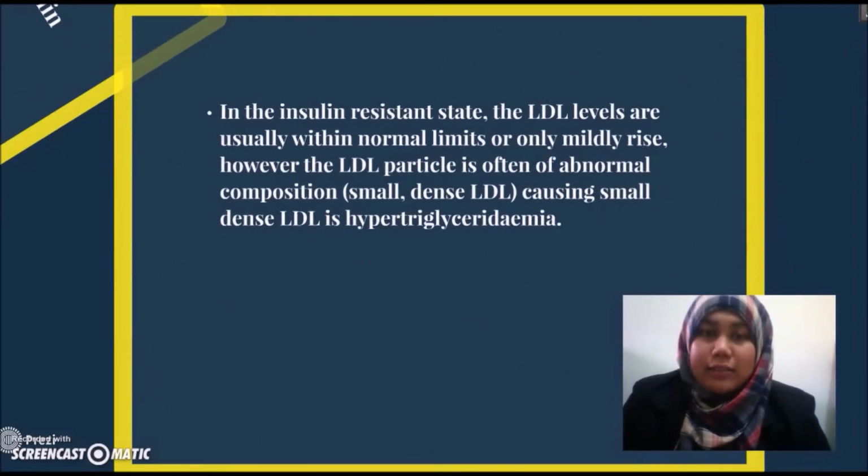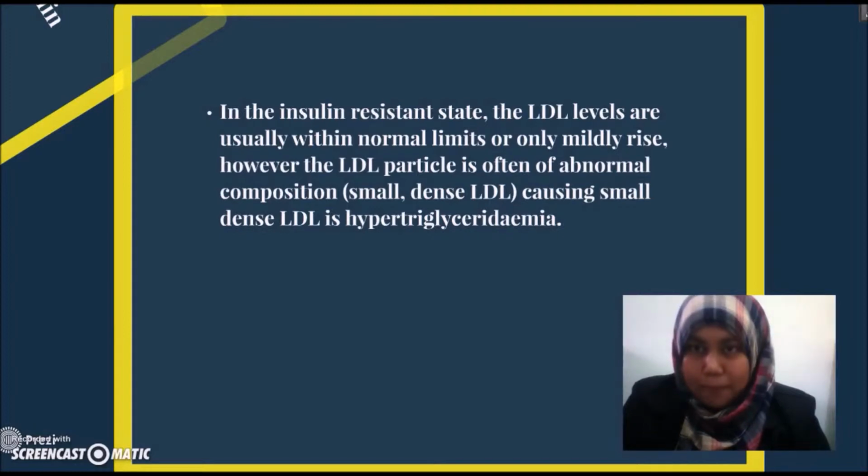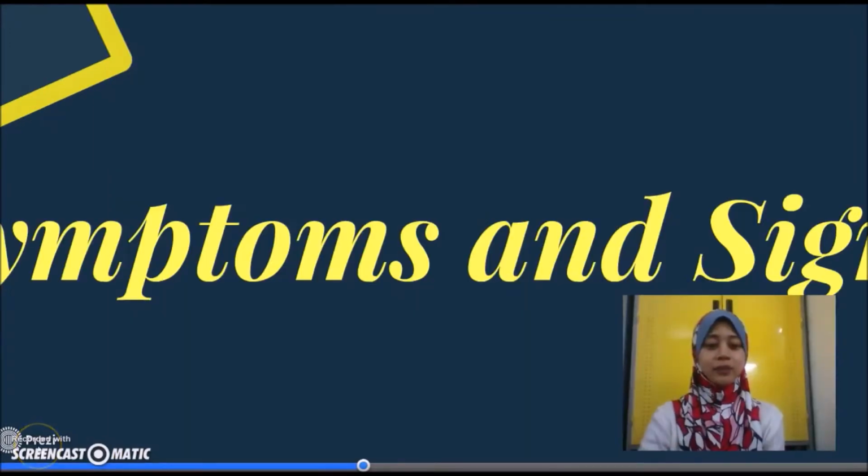In the insulin resistant state, the LDL levels are usually within normal limits or only mildly raised. However, the LDL particles are often of abnormal composition, causing small, dense LDL and hypertriglyceridemia.